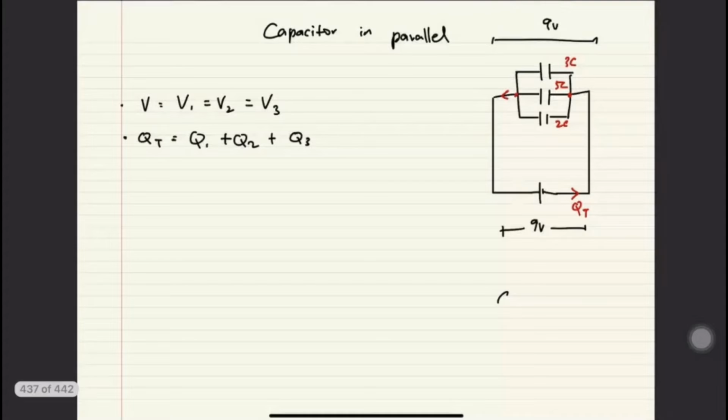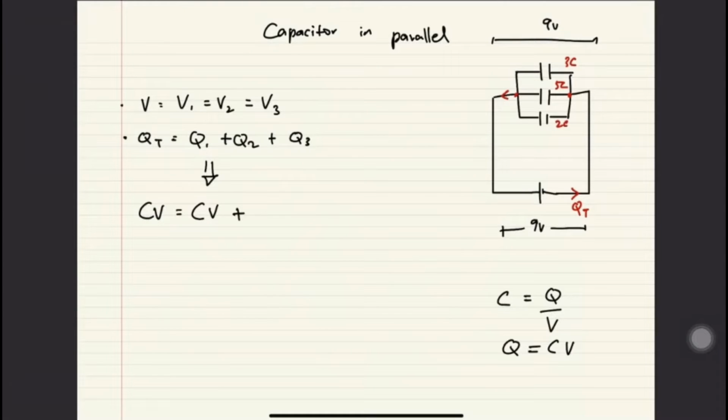Okay, so again we still have C equals Q over V. If I rearrange in terms of Q, then I have CV. Substituting inside here, I get CV, CV, CV, CV. Total effective, actually total, we use the symbol effective.